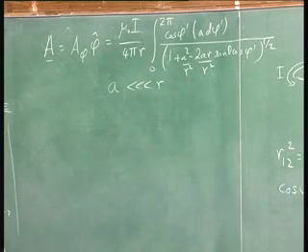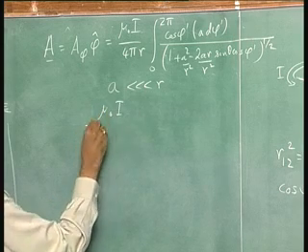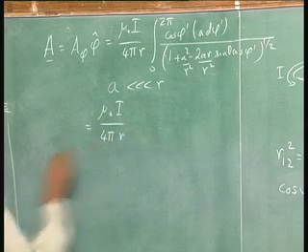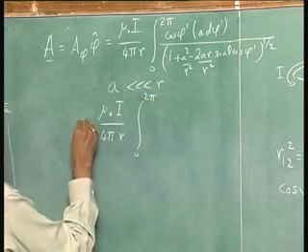So, if I use that there, I get that is approximately equal to mu naught I over 4 pi r integral 0 to 2 pi.